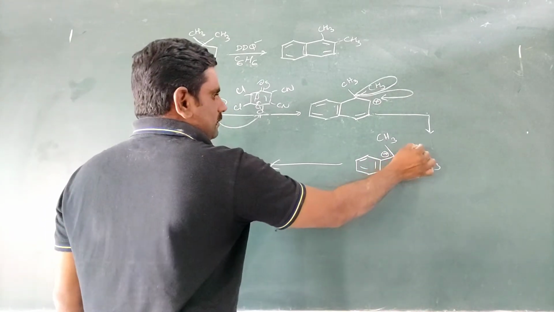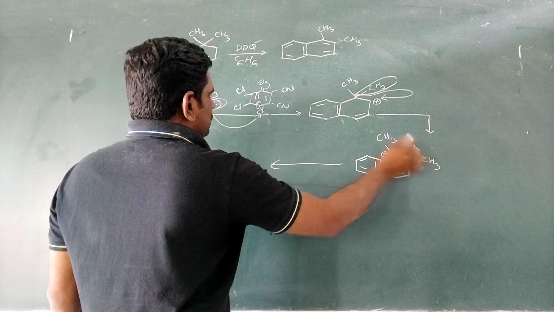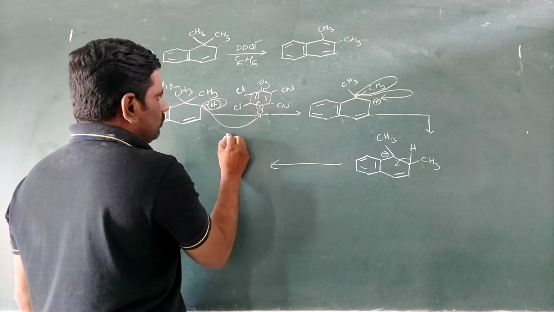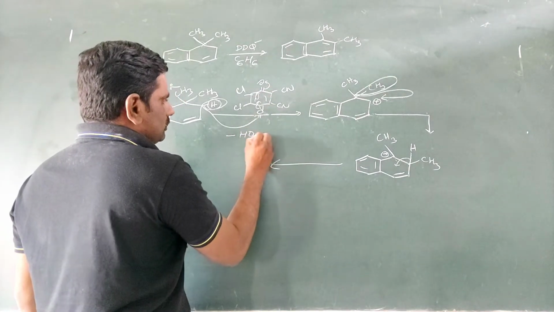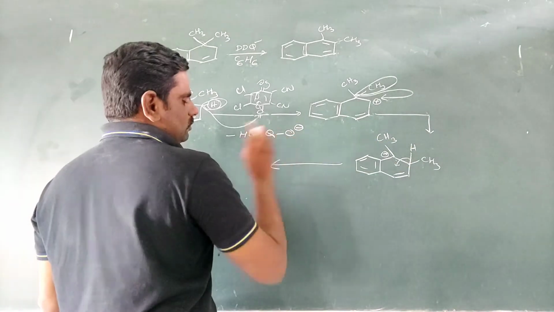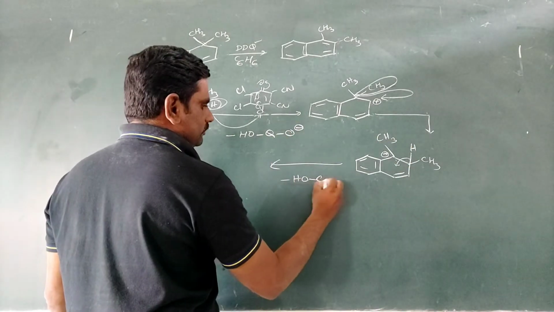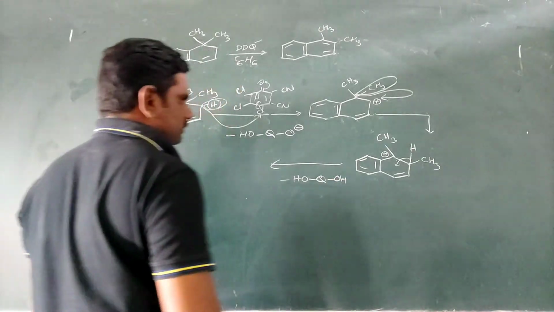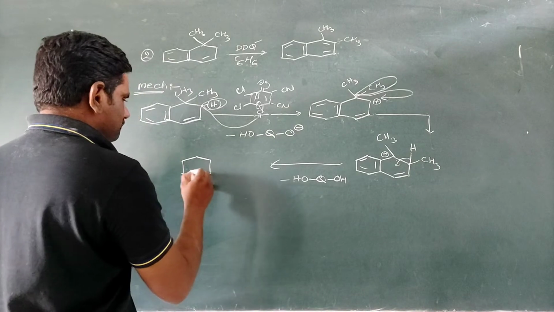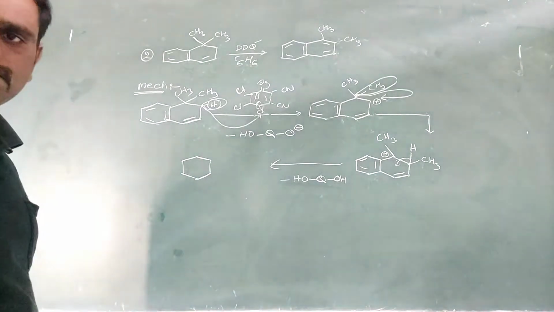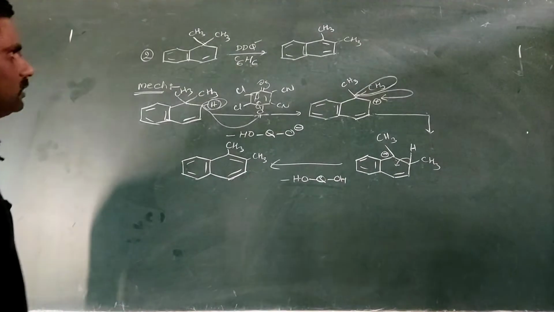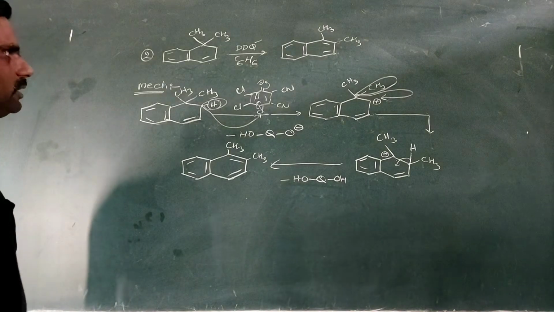This H plus ion is connected to this O minus and converted into OH on both sides. Here the double bond is formed. So this is the compound. So it is the application of DDQ in dehydrogenation.